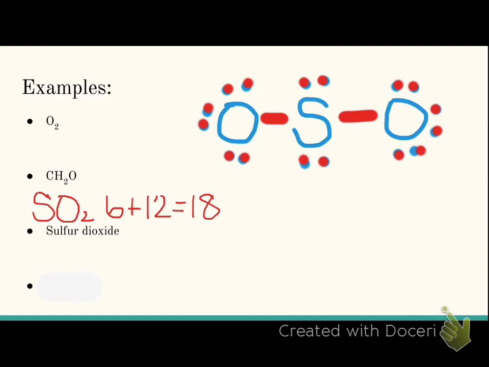So in this situation, since I have 20, I know that I have too many. So what am I going to do? I'm going to erase from the sulfur, and I'm going to erase from the oxygen.